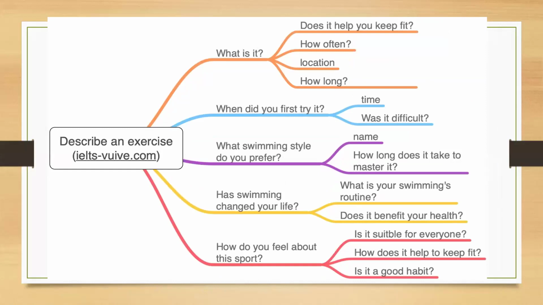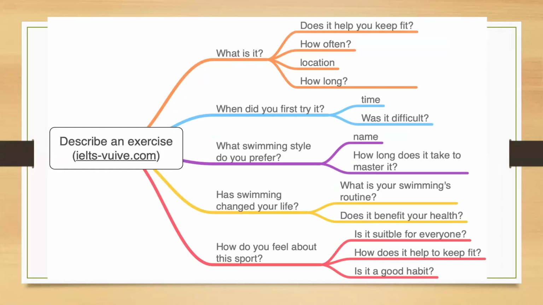Another topic, describe an exercise. So here the central theme or the cue card is exercise or sport. What is it? How do you feel about this sport? When did you first try it?